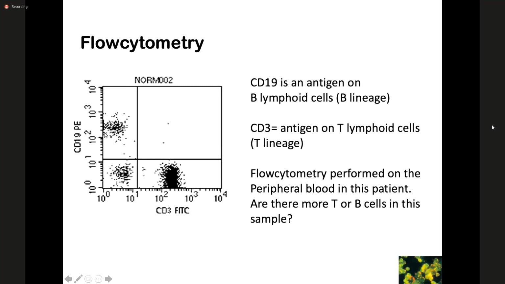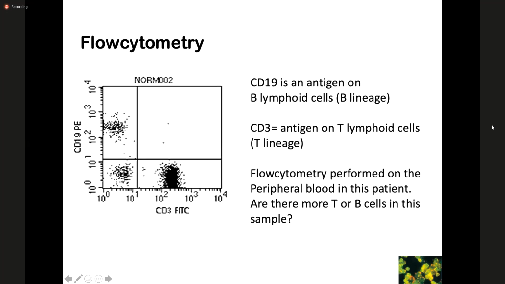So there is a group of cells that are CD19, and so do you think the T cells are predominant here? Yes, ma'am. Yeah, so why? Because you can differentiate by looking at there are more cells here compared to the cells here.